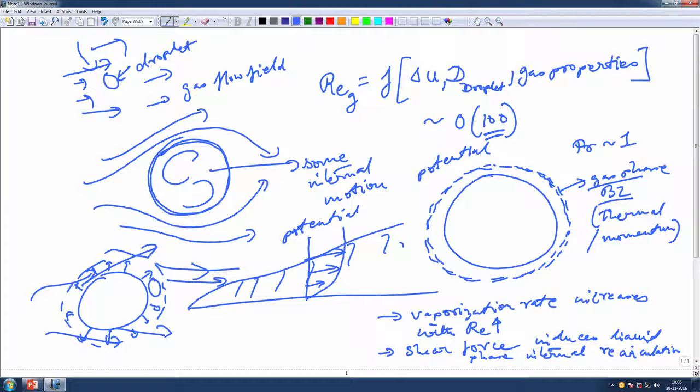So, these are the two prime things, and there exists a gas phase boundary layer. Does there exist a liquid phase boundary layer also? You bet, there also exists a boundary layer in the liquid phase. The structure of that boundary layer is very hard to compute, but we will see what we can do about that. So, these are the two important things that we have mentioned over here.